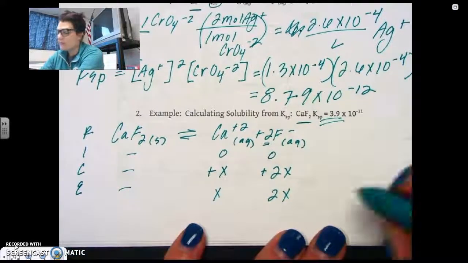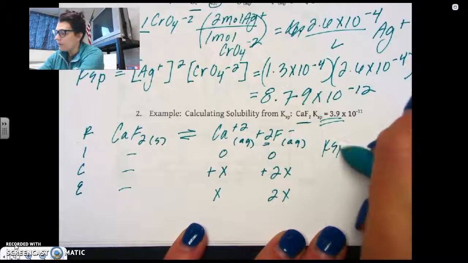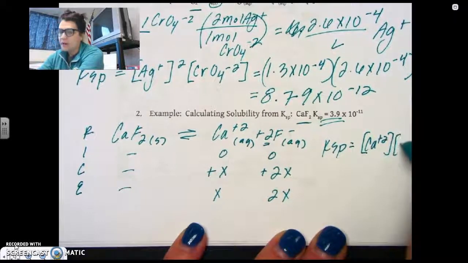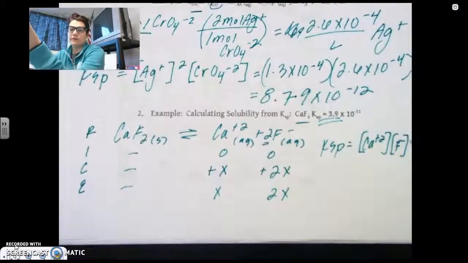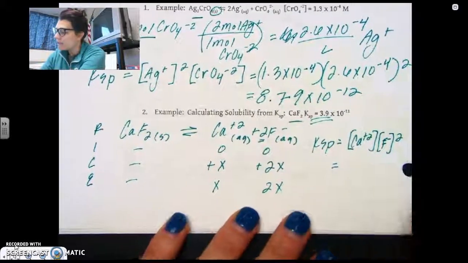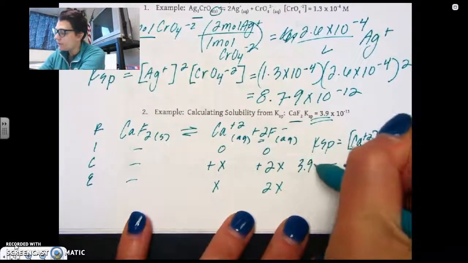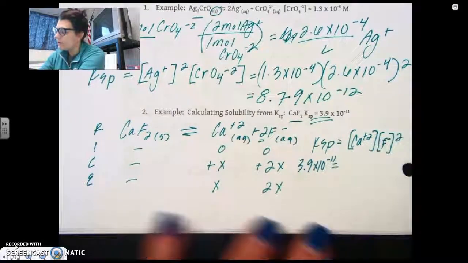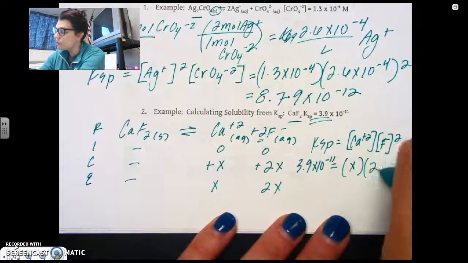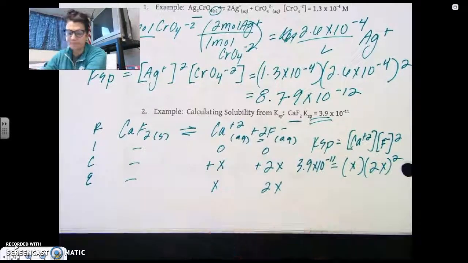So the KSP is equal to calcium times fluorine, and you have to remember fluorine is going to be squared. Let me zoom this out a little bit because it has a 2 coefficient. I can say 3.9 times 10 to the negative 11th equals x times (2x) squared.